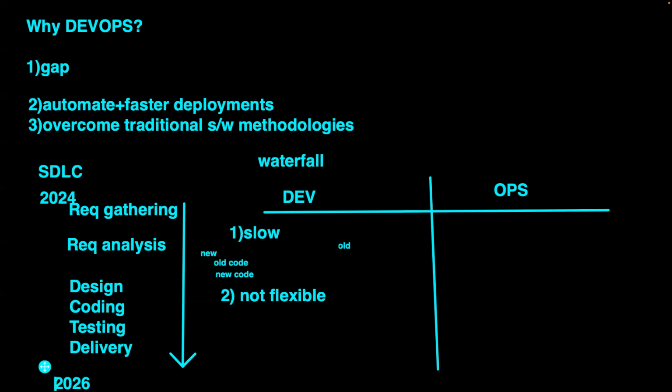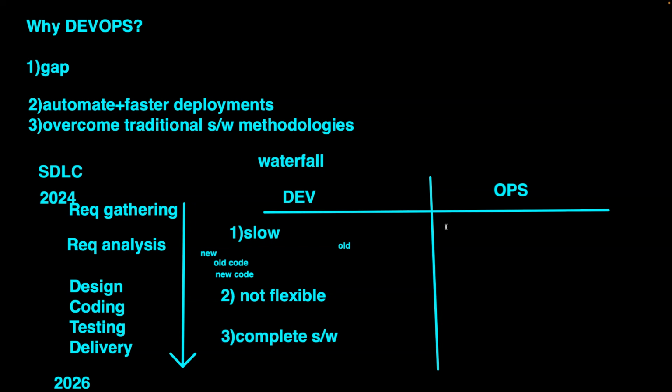Business changes rapidly, right? So that's another challenge: the complete software is delivered all at once after some 2 or 3 years. These are some of the challenges faced by the dev team.